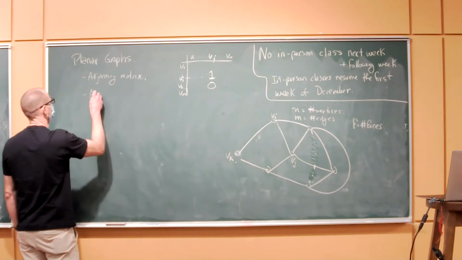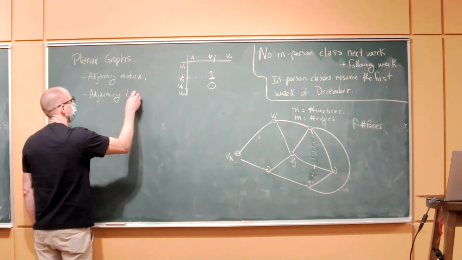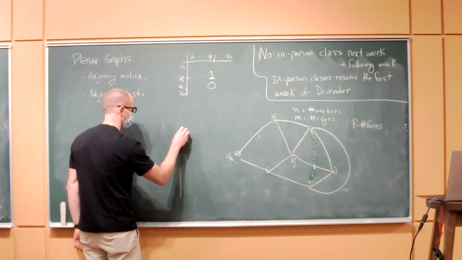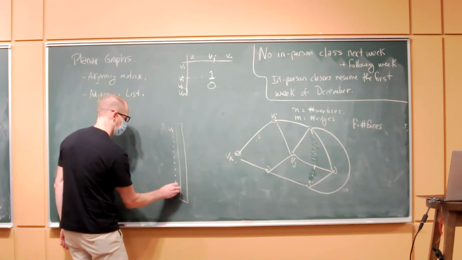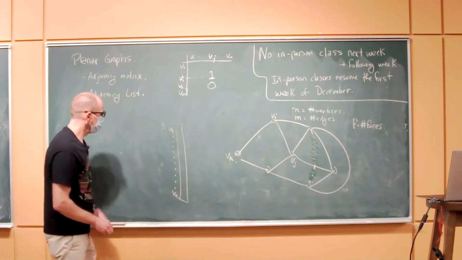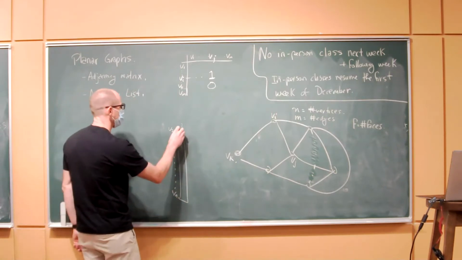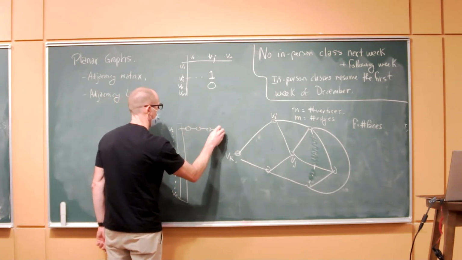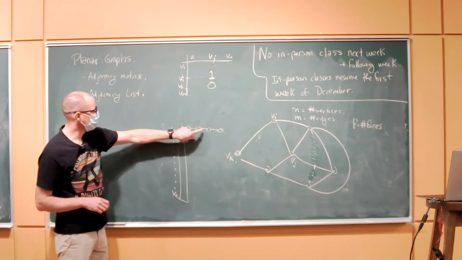The other representation is the adjacency list representation, which is one array indexed by the vertices, and each vertex stores a list of the vertices to which it is adjacent.